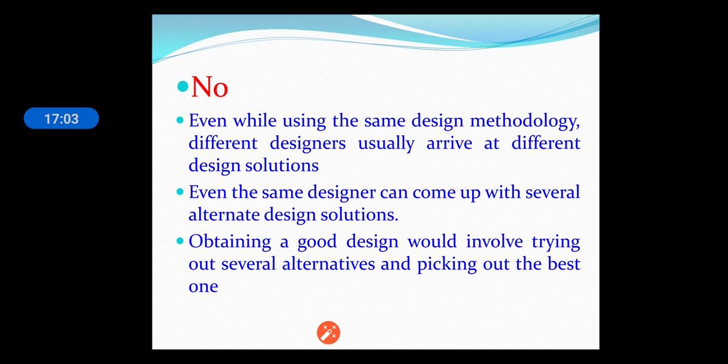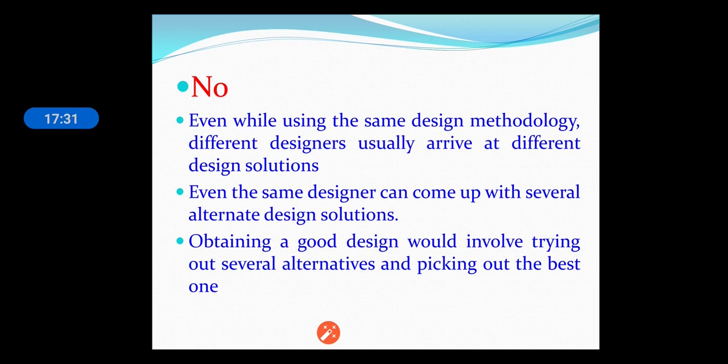So that means different designers will come up with different design solutions, and even the same designer may come up with different alternate design solutions. Now, for a single problem, we have different design solutions. How do we tell which among these is a good design solution?